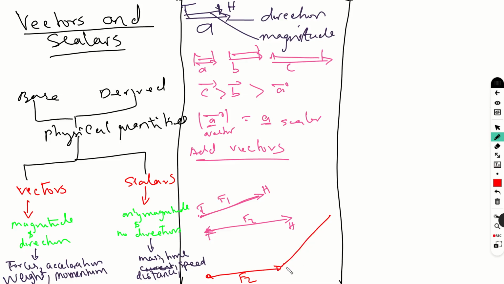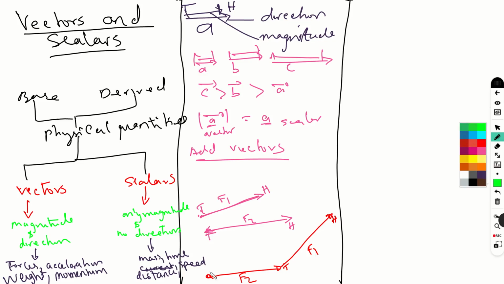And you have to maintain the direction and the size of the vector. Now, the resultant, the sum of these two vectors, will be the one that joins the tail of the first to the head of the second. So let me use another color to make it so you see it clearly.